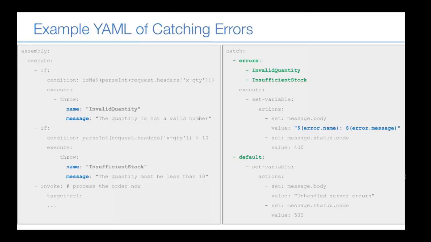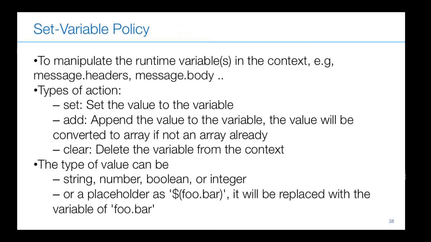Any other questions for Allie? Okay. All right, thank you, Allie. Next up, we've got Gary Tu, who's going to take us through the set variable policy. Gary, are you on?